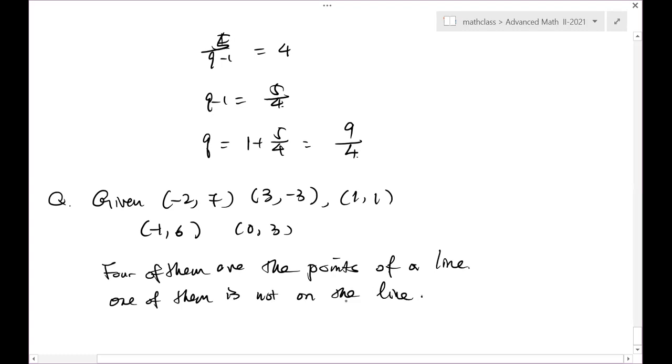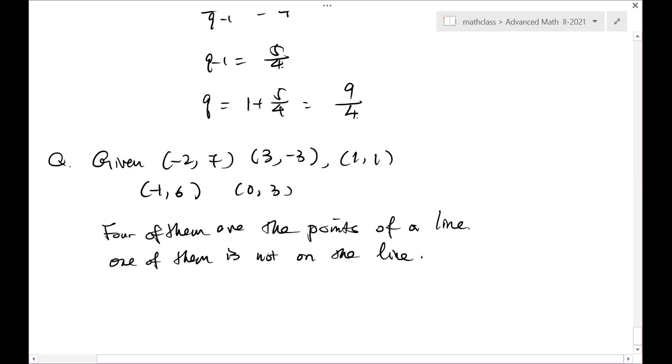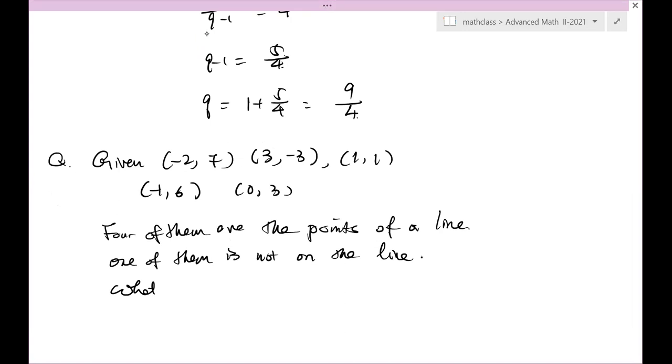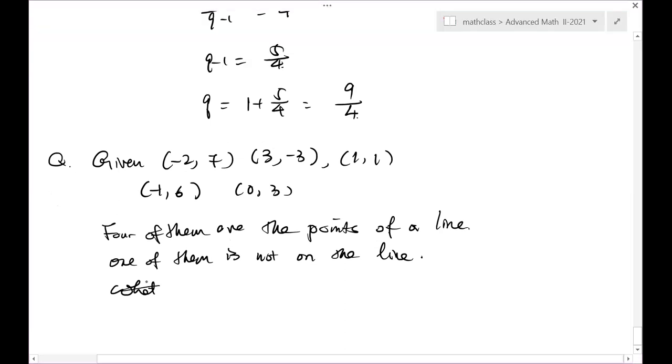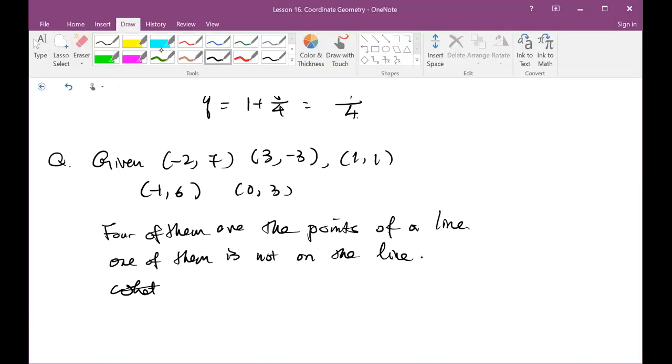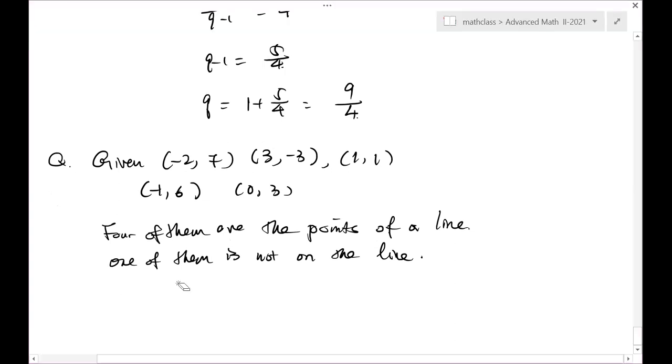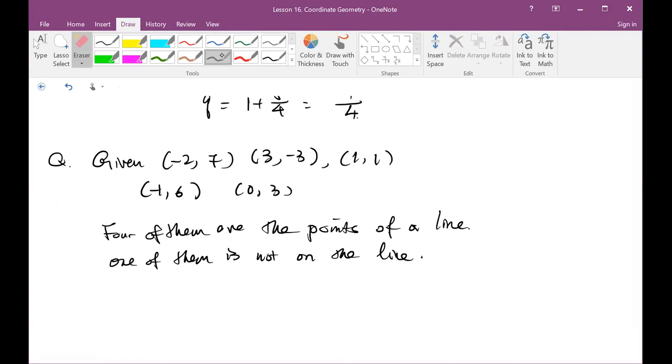So what is that point? Find the point which is not on the line. In other words, 4 points are on the line, and one of them is not on the line.